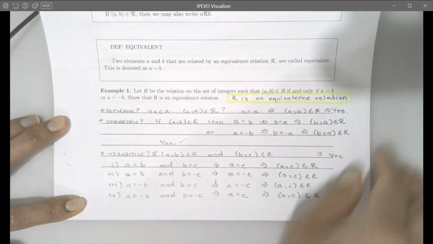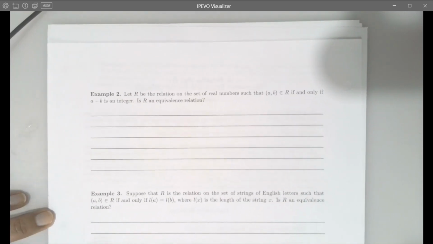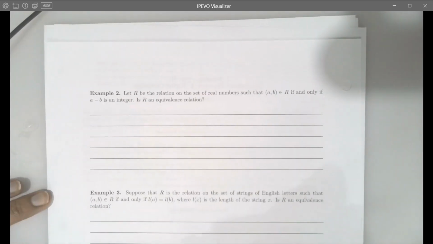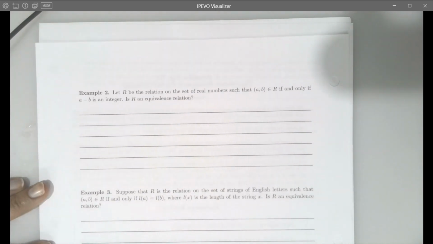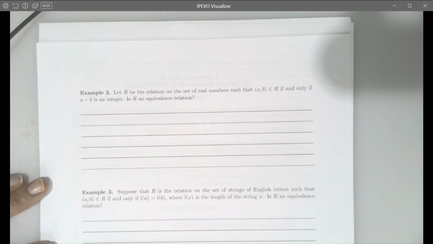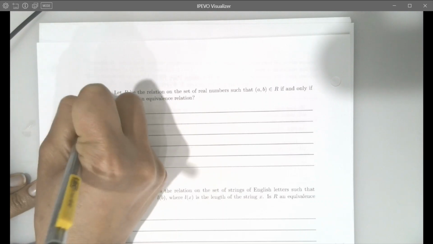All right, let's take a look at example number 2. For example number 2, we have, let R be a relation on the set of real numbers such that A comma B is in R if and only if A minus B is an integer. Is R an equivalence relation? Well, let's start with reflexive.